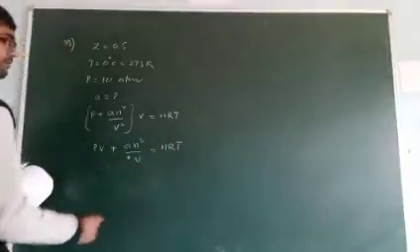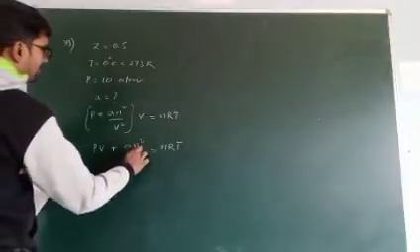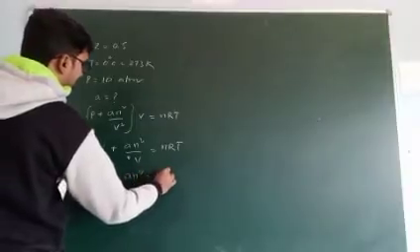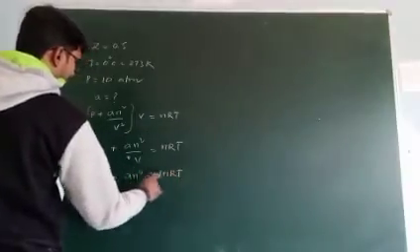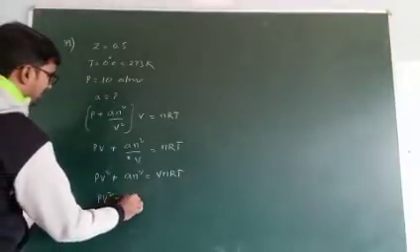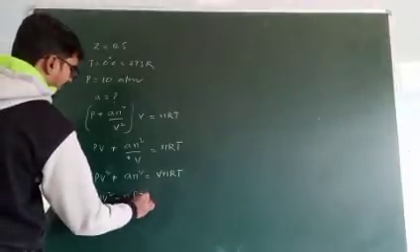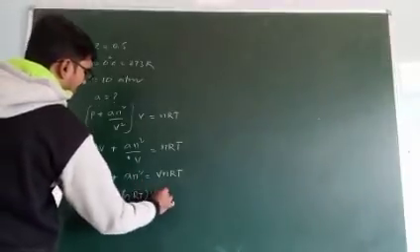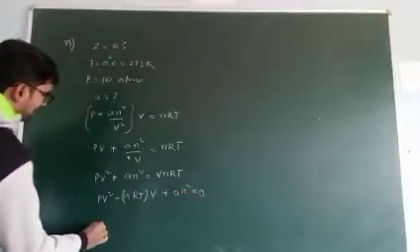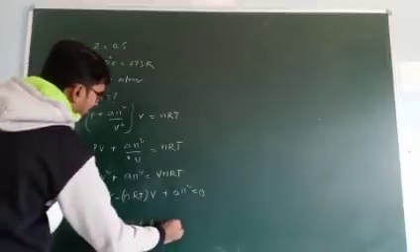Both sides multiplied with V: PV² plus a n² is equal to V nRT. This value moves to this side: PV² minus nRT into V plus a n² equal to 0. This looks like ax² plus bx plus c equal to 0.